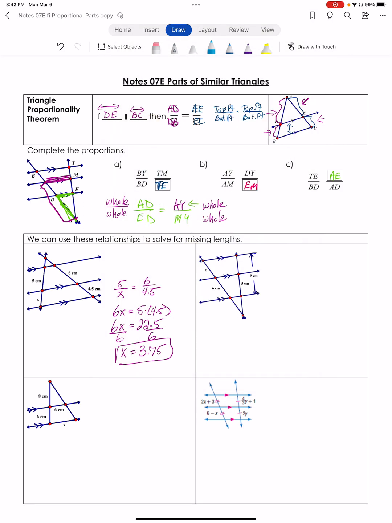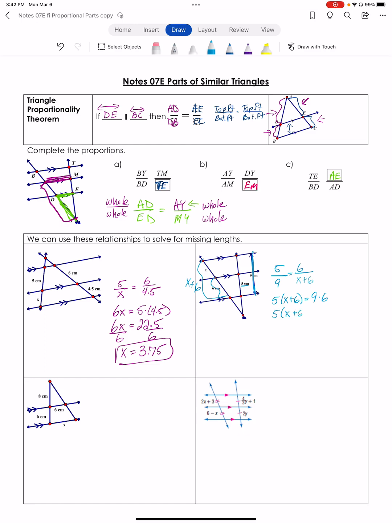Okay, our next one here, there's a whole bunch of different things. If I'm doing 5 over 9, then I'm going to be doing 6 over, and then remember that this is x plus 6. So this is 6 over x plus 6. So this is going to be 5 times x plus 6 is equal to 9 times 6.